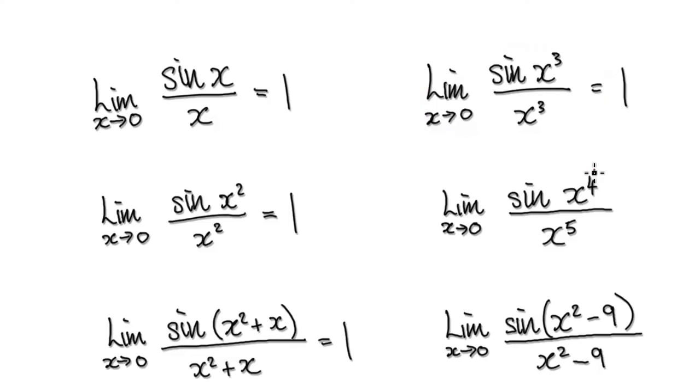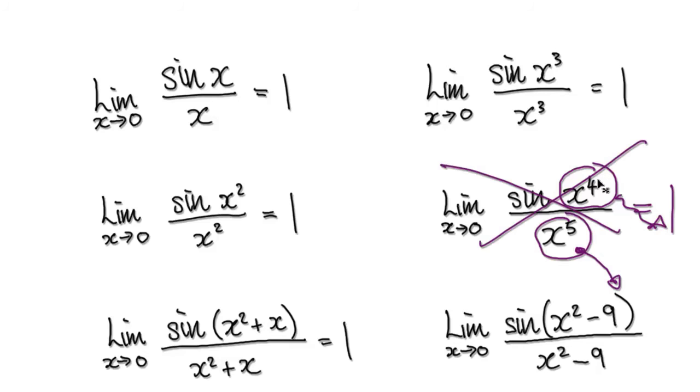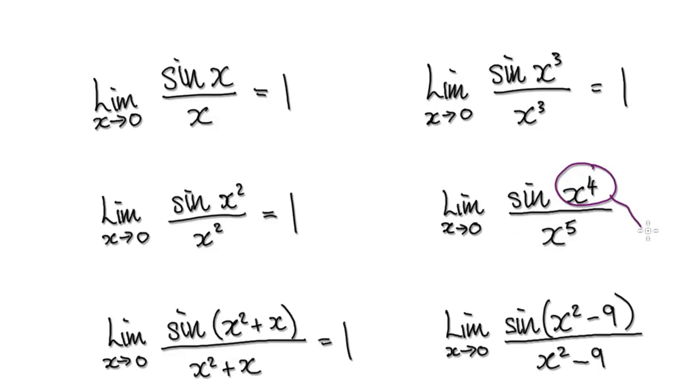If you look at this thing, however, you've got two bubbles here. As x heads towards 0, yes, this bubble is heading to 0, and yes, this bubble is heading to 0, but they're not on par with each other. So you can't say this equals 1. You just can't say that, because this bubble is heading towards 0 and this bubble is also heading towards 0, but they're not on par with each other.